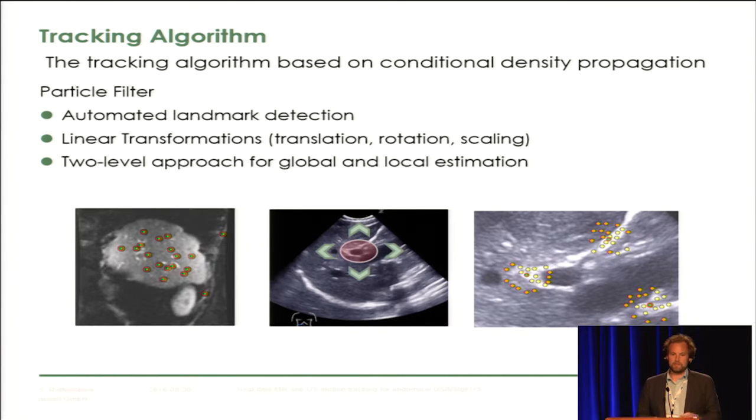By weighting each of those points in the cloud with their accordance to the actual observation, we can then do an averaging of this point cloud, and the center of this point cloud delineates the tracking feature position, and the spread of the point cloud gives us an estimate of the uncertainty of the tracking.